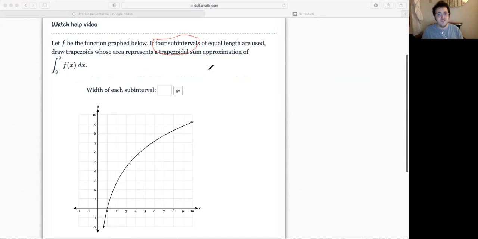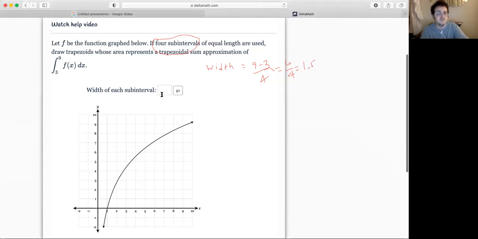So for the width, that's going to be 9 minus 3 over 4. That's 6 over 4, so about 1.5. And it's fine to go decimal if you want. And you're just going to create trapezoids on these.